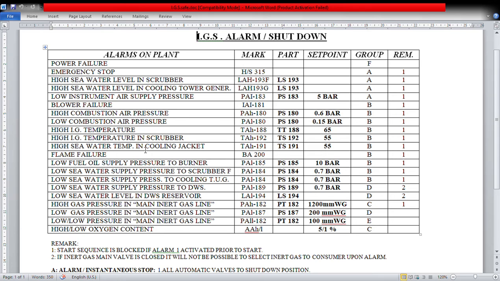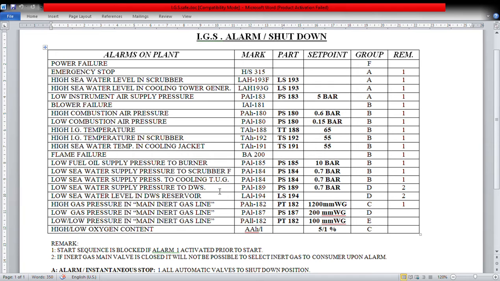So if the IG temperature goes high, there is high IG temperature in scrubber, high seawater temperature in cooling jacket, flame failure. Flame failure is very prevalent and most important. Low fuel oil supply pressure to burner, low seawater supply pressure to scrubber, low seawater supply pressure to cooling.